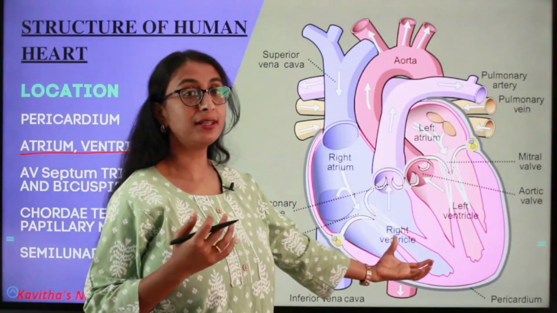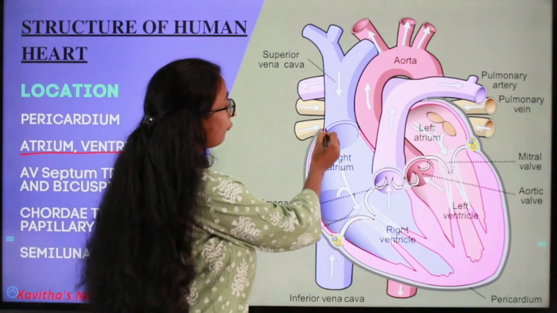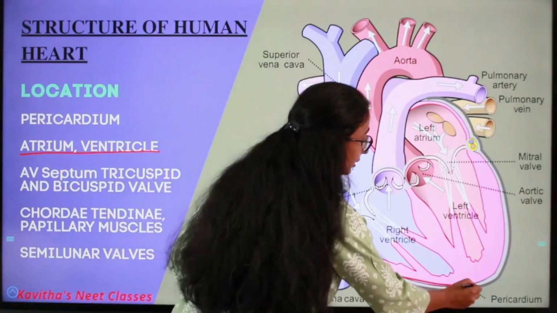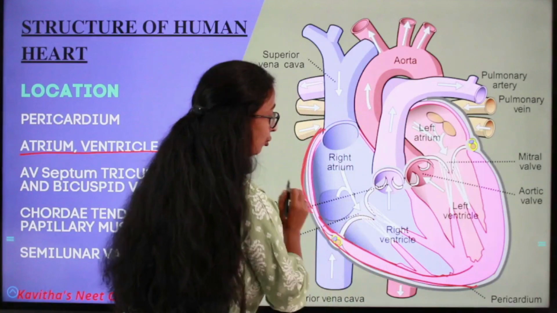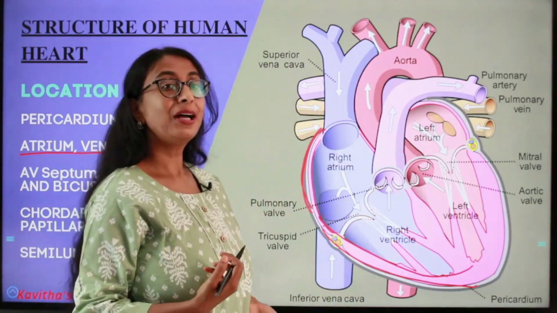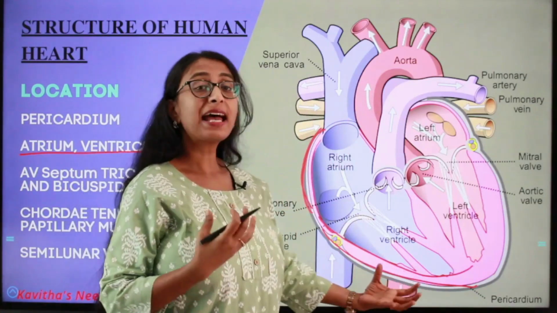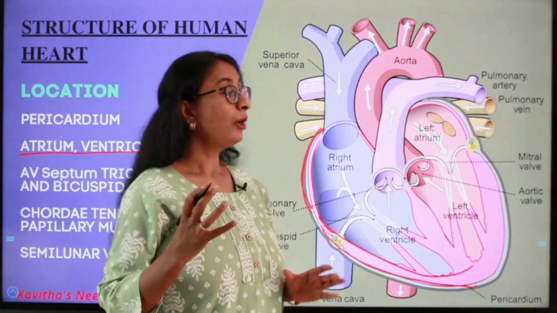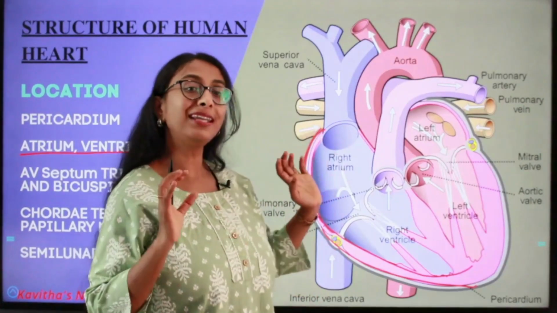Also, the wall of the atrium is thin, whereas the wall of the ventricles is thick and muscular. So why is this so? Because the ventricles have to pump blood against gravity. They have a thick wall, whereas the atrium have a thin wall.